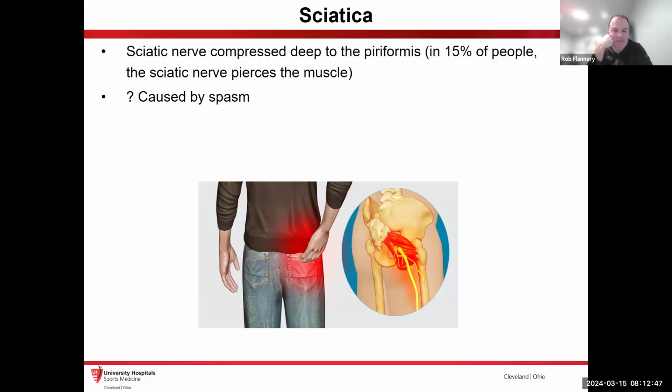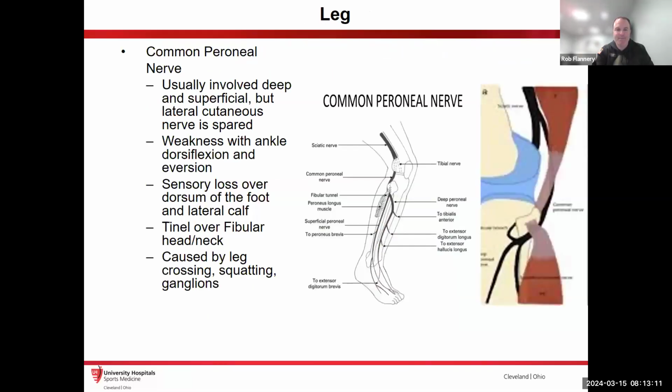You start with physical therapy and work your way all the way up to injections and then further if they don't get any relief. But a lot of the time it can be something as simple as moving their wallet from the right pocket to the left pocket, or not using a wallet in the back pocket at all. So not much on sciatica. Again, kind of a black box.